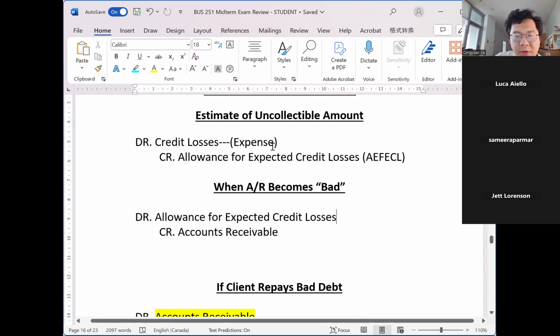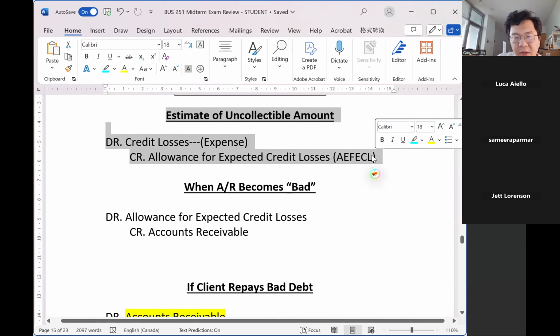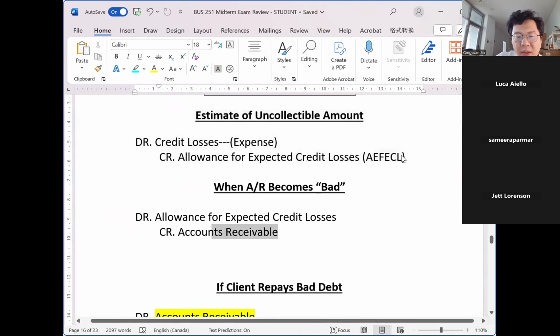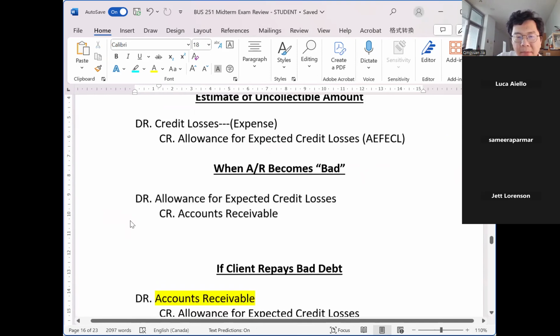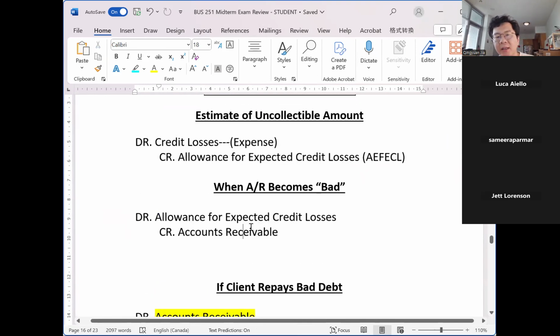Please note the difference. This is when we estimate some part is not collectible. And this is when the account receivable really becomes bad, right? So when you estimate some part is uncollectible, you will not decrease the account receivable directly.